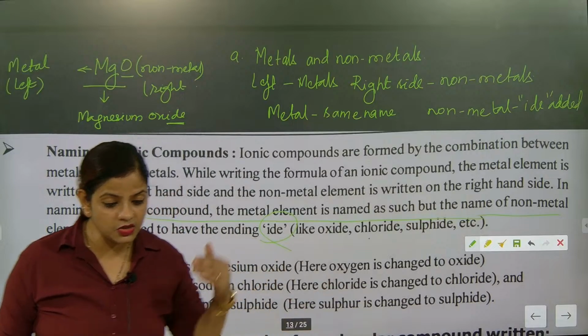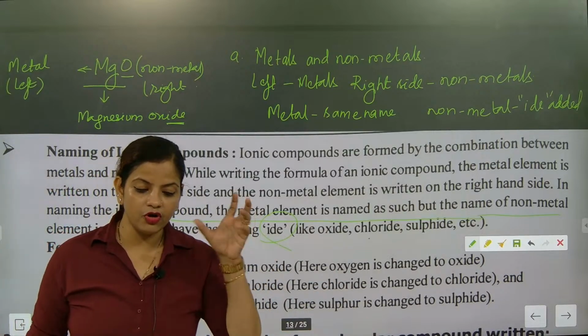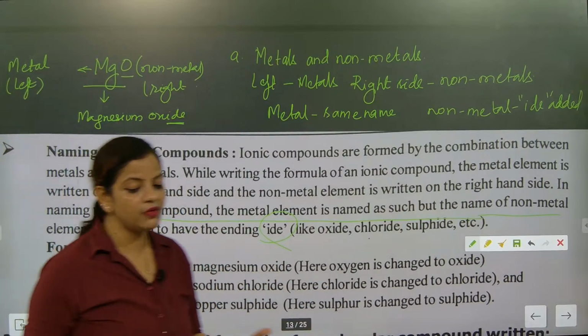Ionic compound means what? Ionic compound means ion formation will be there. One will be gaining electrons, one will be losing electrons.